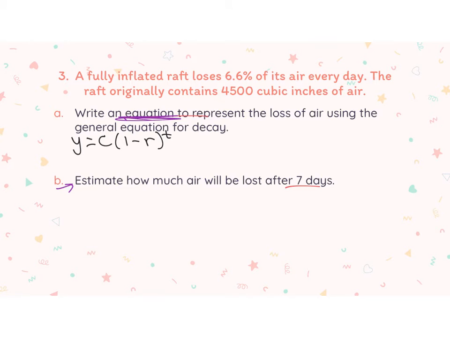The two things you need to know are the c and the r. So I see right here is that the raft loses 6.6% of its air every day. So I'm going to say that my r is 0.066 because I need to move my decimal point back 2 places. And then I see that it originally contains 4,500 cubic inches, so that's my c.